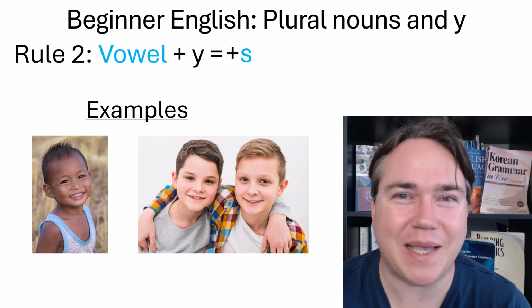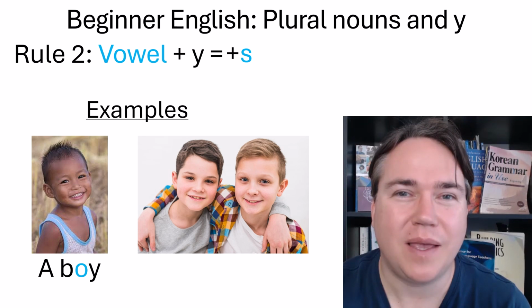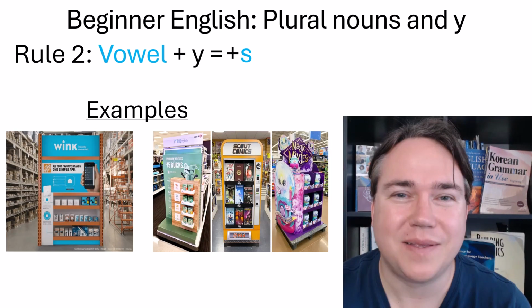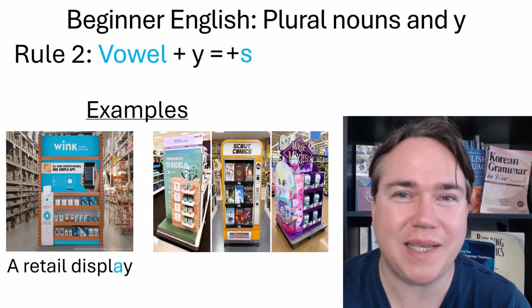So the first example of this is, we have a boy, O being a vowel sound, and the letter Y. So the plural is two boys, just add S. The next one here, a retail display, like you'd see in Coles or David Jones or Woolworths.